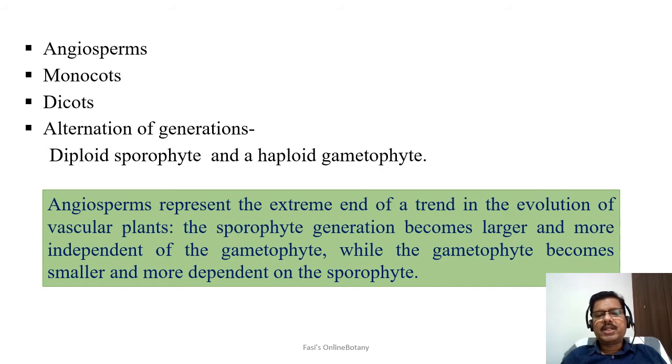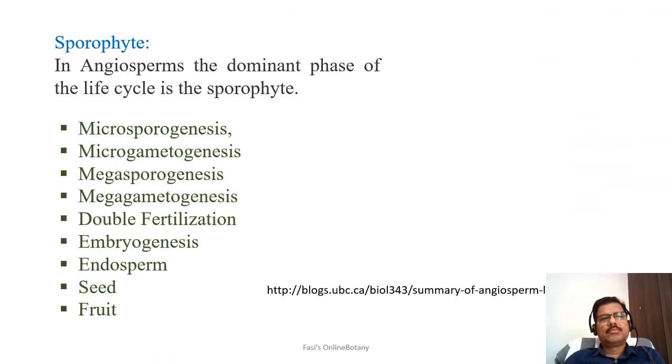The sporophytic generation becomes larger and more independent of the gametophyte, while the gametophyte becomes smaller and more dependent on the sporophyte. In angiosperms, the sporophytic phase is the dominant phase in the life cycle.